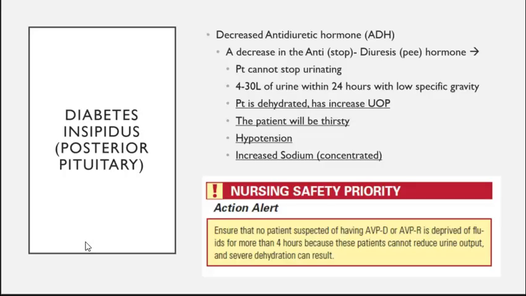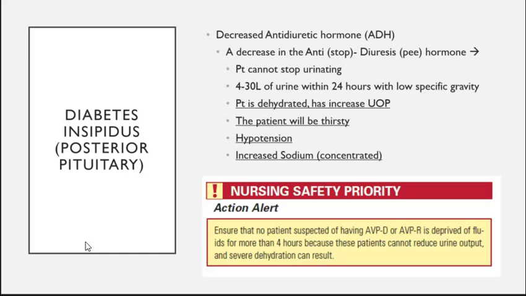They cannot retain that water though, so it comes right out of them. So there is a constant cycle of them drinking and peeing. Their sodium becomes abnormal and it puts them at a high risk for seizures. So our action alert from our book: ensure that no patient suspected of having a decrease in ADH is deprived of fluids for more than 4 hours, because these patients cannot reduce urine output and they also will have severe dehydration.